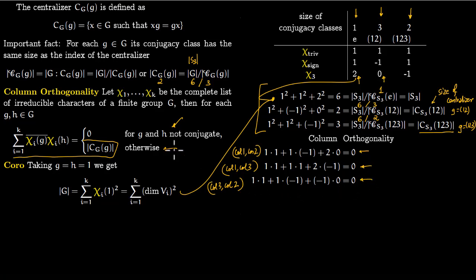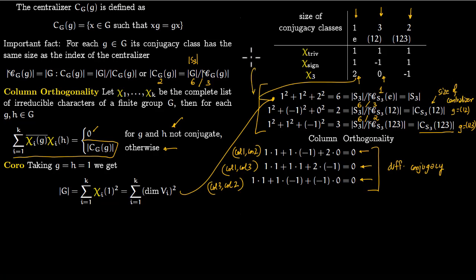So we have talked about these zeros which stay right here, because now we are taking cross columns. So we are in different conjugacy classes. And if you are working in the same conjugacy class, then you're taking the squares, and you're getting the size of the centralizer.